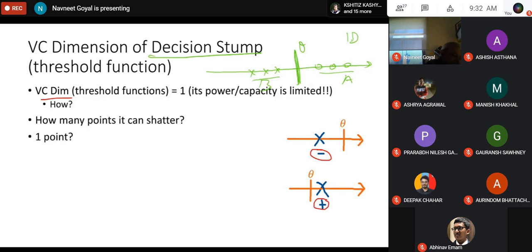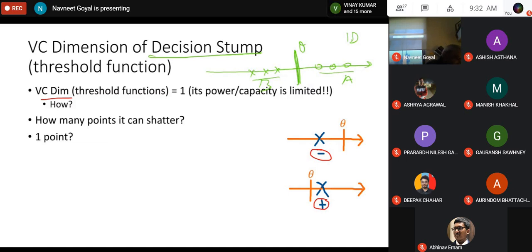So I have this data, and I have to find this theta. I have some one-dimensional data and I have to find theta. I can put this theta anywhere on the real line. I have this freedom to put it anywhere on this number line.